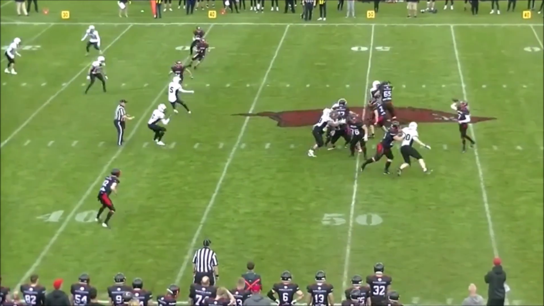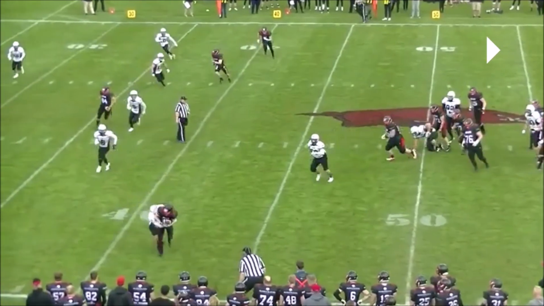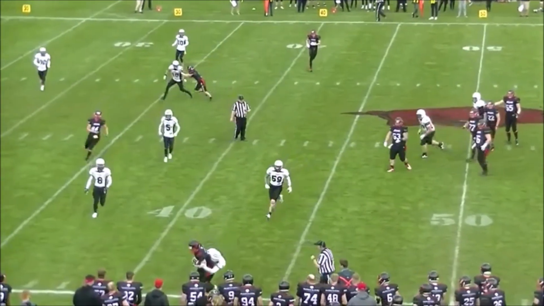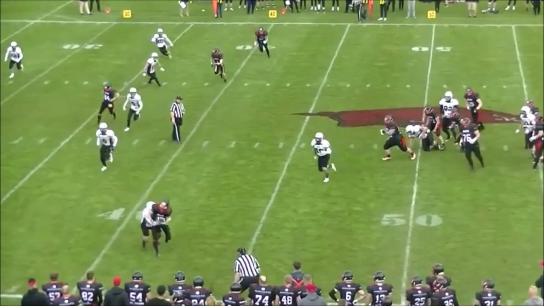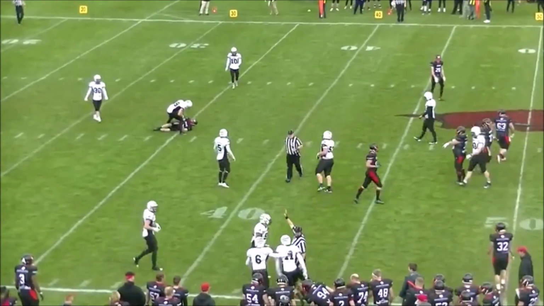If he's moving parallel to the goal line, then he's not moving forward, which means progress is stopped. So if we have any doubts here, we're going to let the clock run because it's not a first down, and we're going to rule progress stopped in bounds.